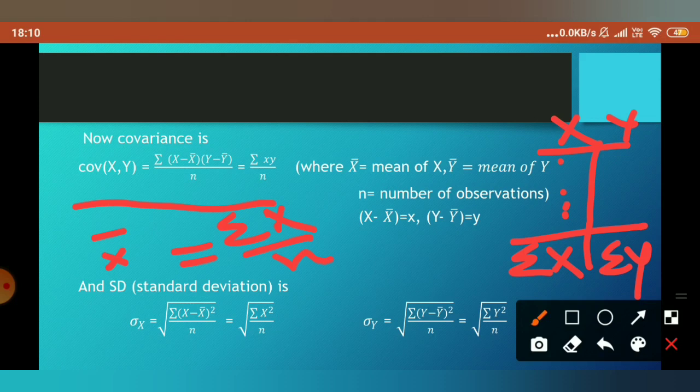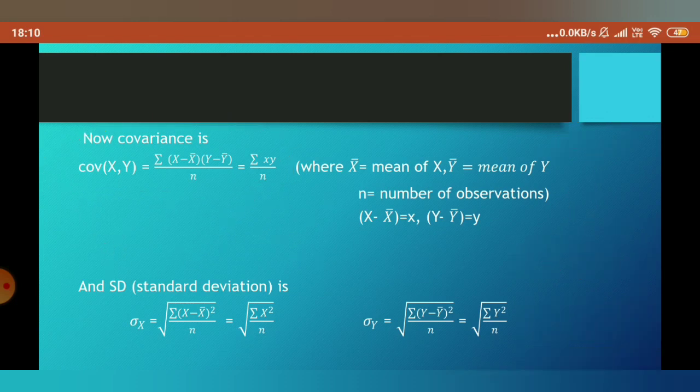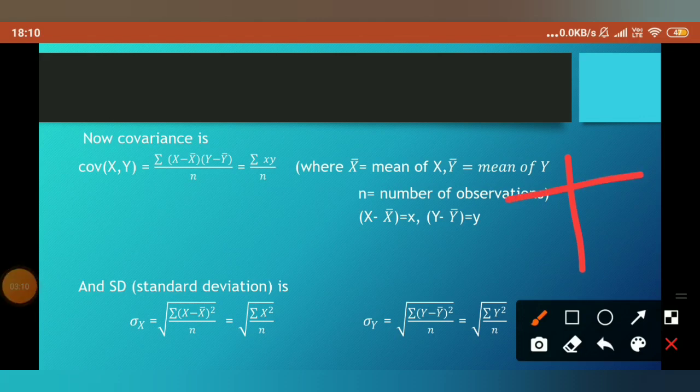Here in the covariance formula, the first term is sigma x minus x bar. To calculate x minus x bar, what we have to do is, here is x, and x bar is the mean that you have already calculated. You have to subtract these two and write all the values.